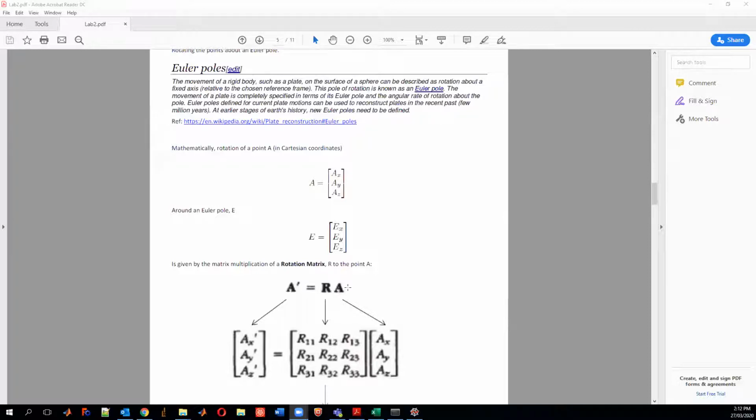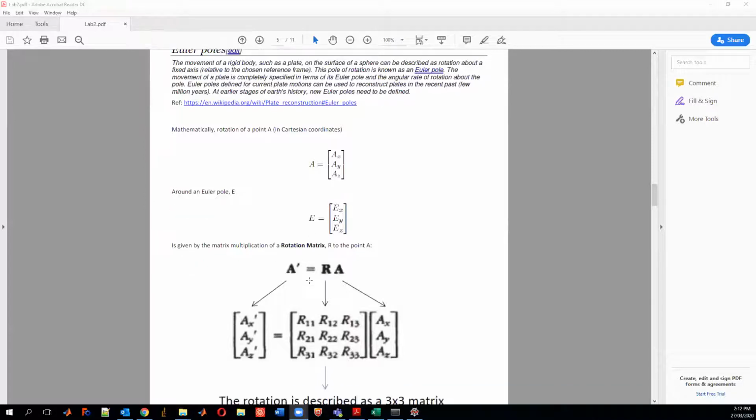So the unrotated point is called A here. The rotated point is called A prime here, with this little dash prime thing. And this thing R is called the rotation matrix. So in other words, if we have a point on the globe and we want to rotate it about an Euler pole, we have to do a matrix multiplication of this rotation matrix to the point A, and it gives us the new point, the point that's been rotated on the globe, A prime.